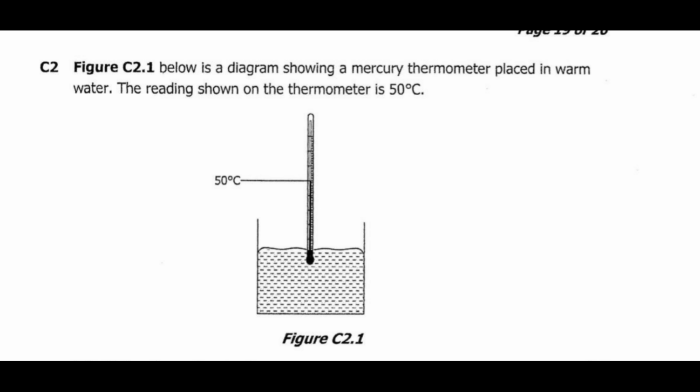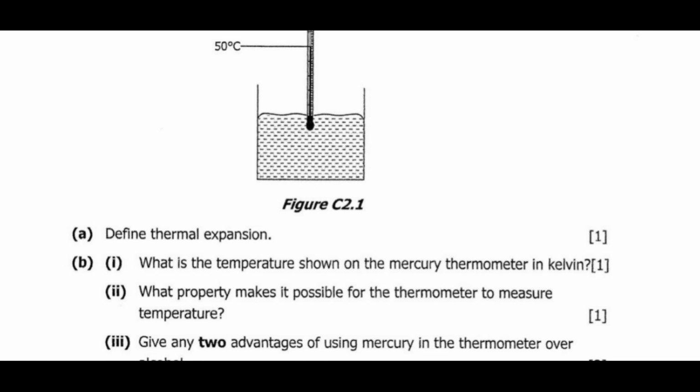Okay, so now let's move on to question C2, figure C2.1. Below is a diagram showing a mercury thermometer placed in warm water. The reading shown on the thermometer is 50 degrees Celsius. Then let's go to the first question. Define thermal expansion.